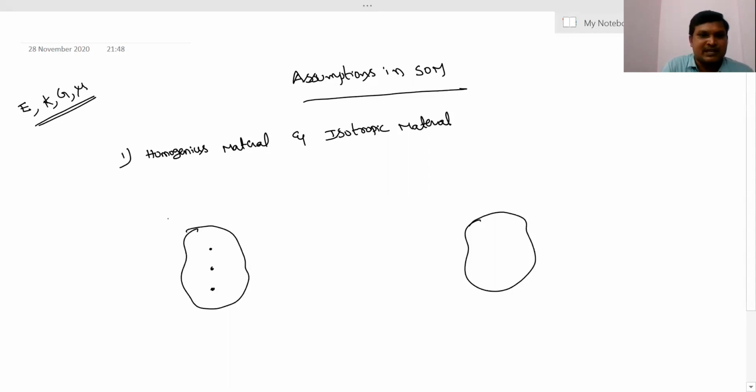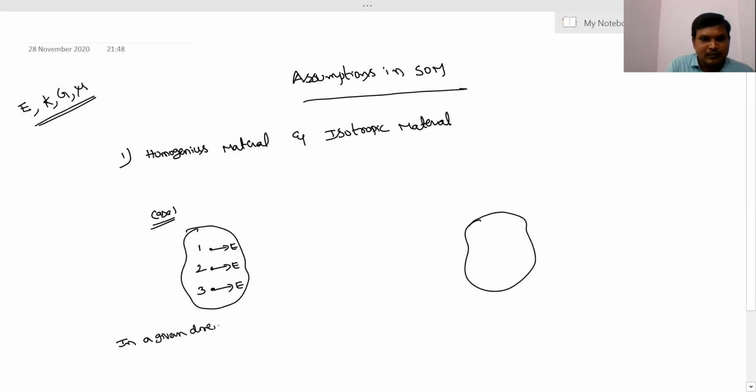I'm taking the first case, case one. This is point 1, point 2, and point 3. At each point, this is the Young's modulus in the right direction.